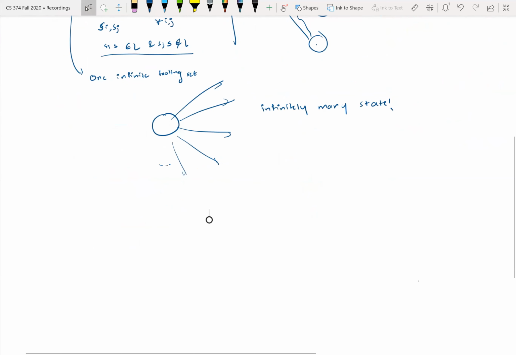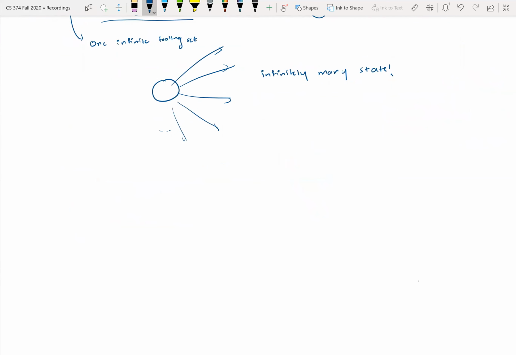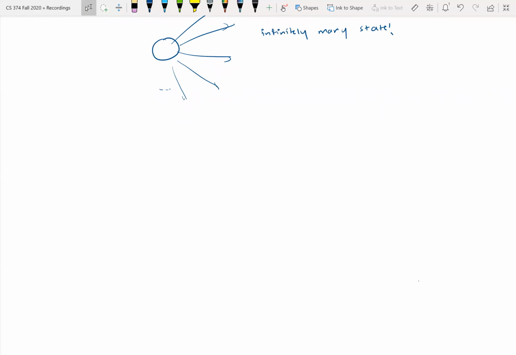Which is why giving any one infinite fooling set for a language proves that the language is not regular, because we prove that a DFA, a finite automaton, cannot exist for it.